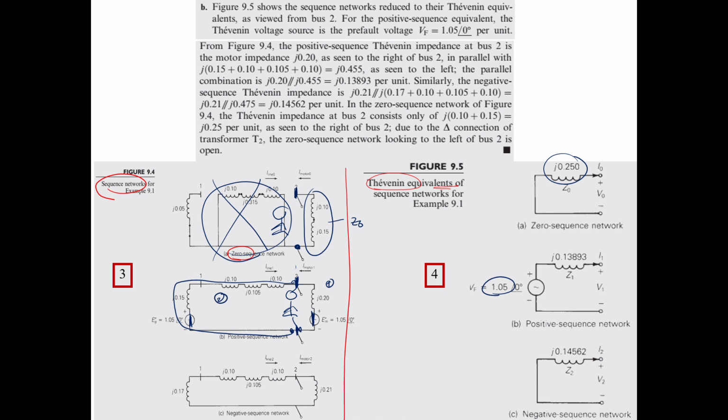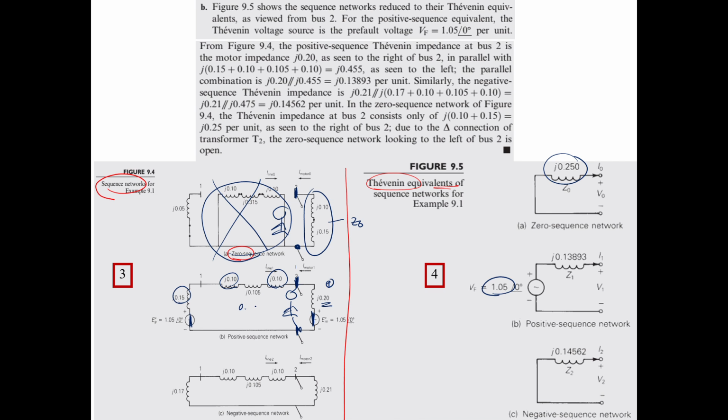That's why these two branches are in parallel. So the total impedance you're looking at from point 2 is in parallel to the series of the four. The series of these four is what? 0.15 plus 0.1 is 0.25, plus 0.1 is 0.35, plus another 0.105.